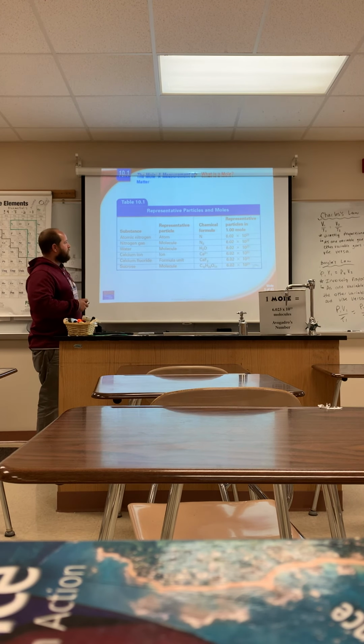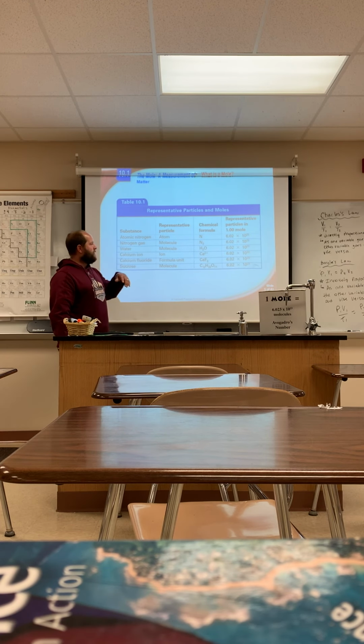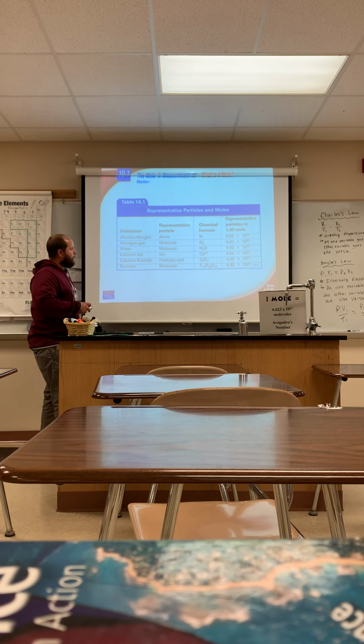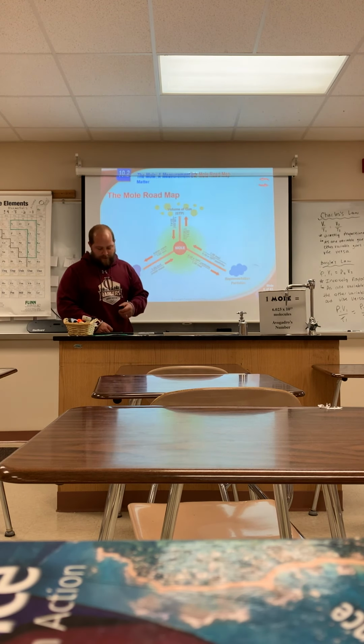So 6.02 times 10 to the 23rd. It can represent an ion as well. Let's say we wanted to know how many calcium ions are in a solution. Well, we can have it represented by 6.02 times 10 to the 23rd as well. If we wanted it to be a formula unit, that would be like an ionic compound, we can, or the whole molecule as well. So that's what representative particle means.